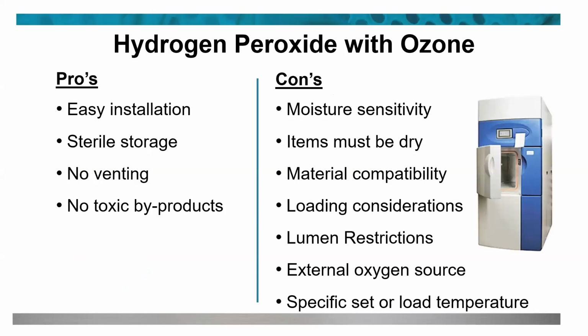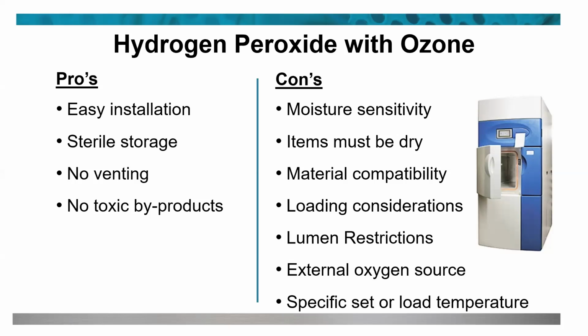So what are our pros and cons? Well, again, the systems both employ hydrogen peroxide and ozone as sterilizing agents. They are going to see some of the same benefits for hydrogen peroxide. Though ozone has the greatest microbicidal activity, it reacts with the hydrogen peroxide, reducing the concentration in the chamber.